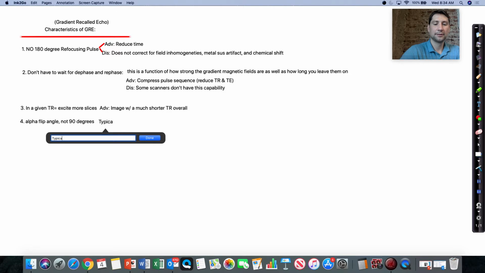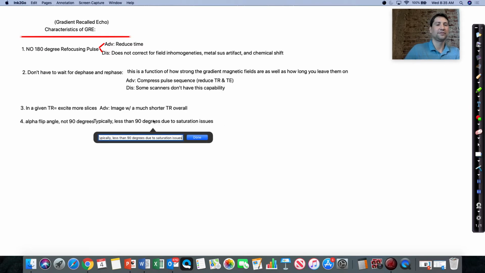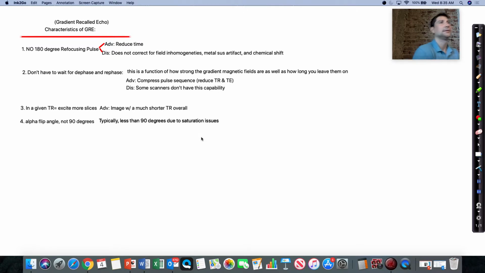Typically, less than 90 degrees. Due to saturation issues. What is saturation again? What's partial saturation? Greater than 90. What's complete saturation? 180.